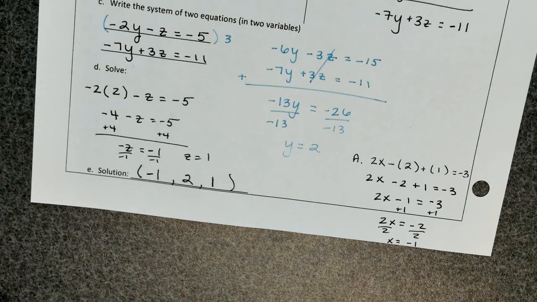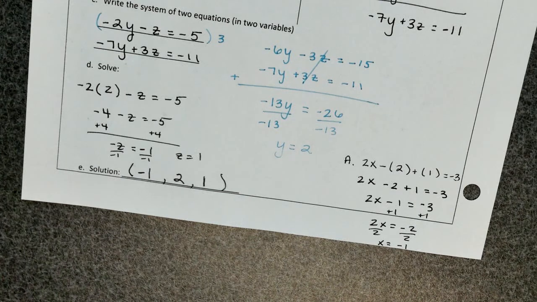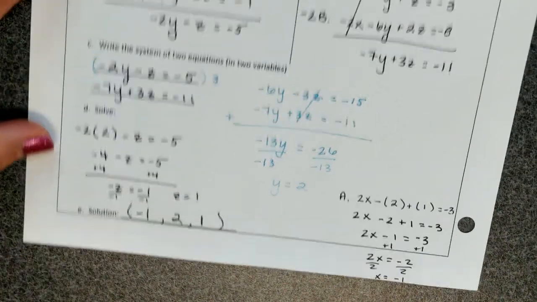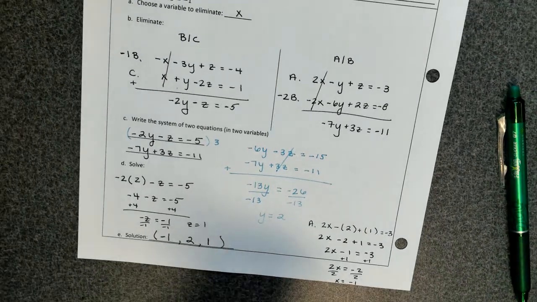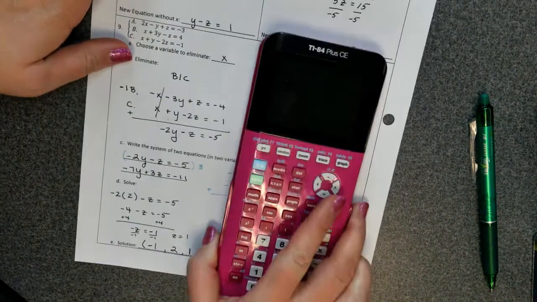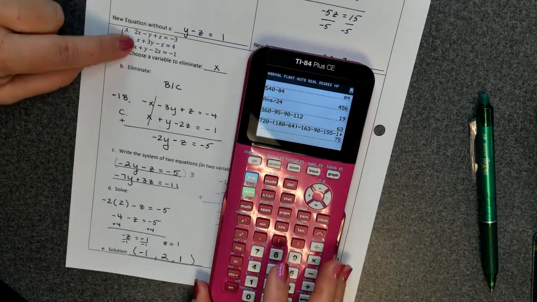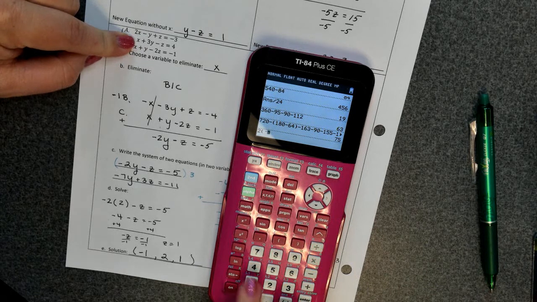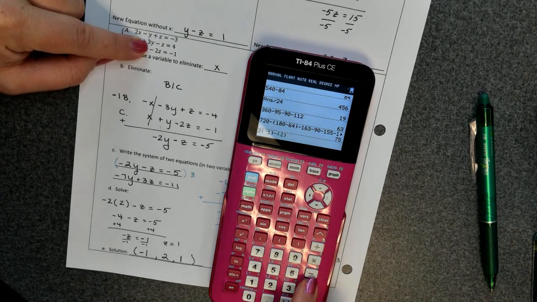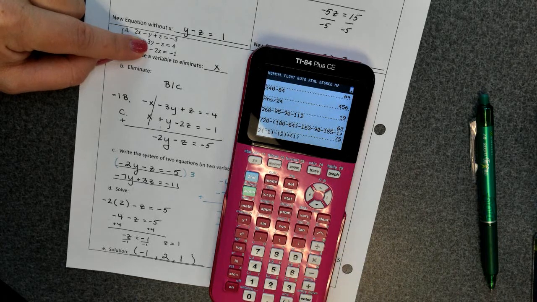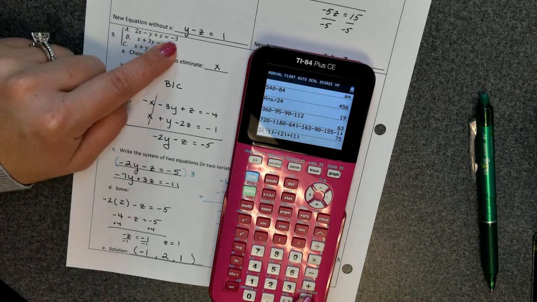I know how to check my solution. I can use a calculator. All I'm going to do is plug it into all of A, B, and C here. So when I plug it into A, 2 times the x value, which is negative 1, minus the y value, which is 2, plus the z value, which is 1. When I hit enter, I should get negative 3.